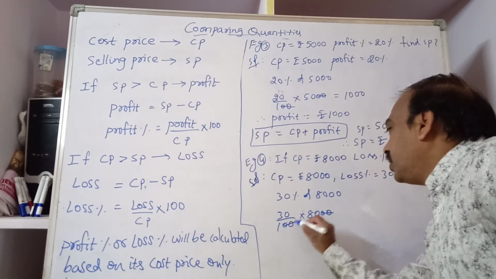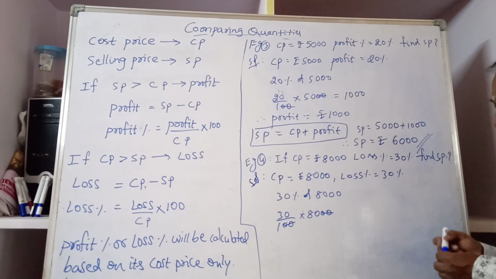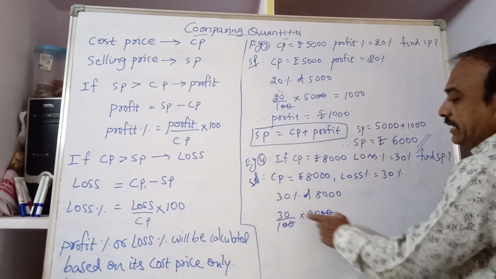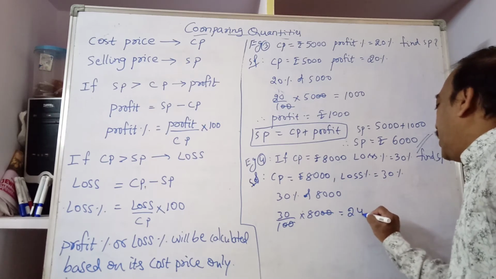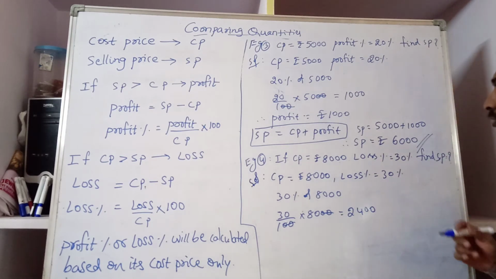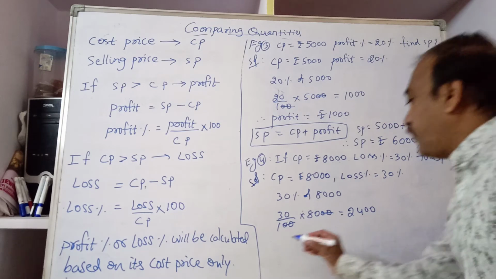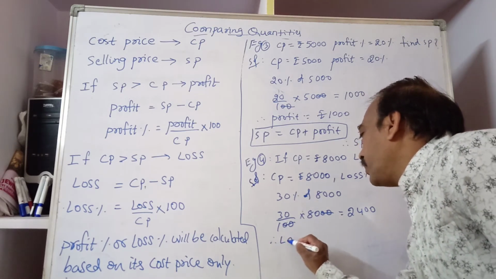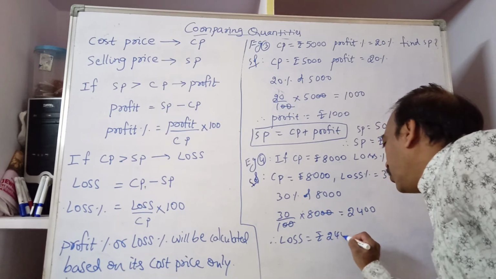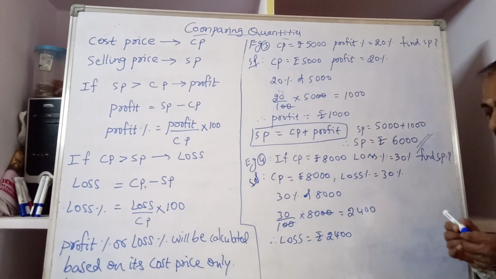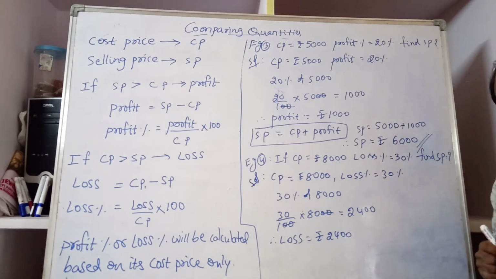Two zeros cancel. Now you see 30 into 80. 3 8s are 24, which you can write directly, 2,400. So therefore loss is equal to rupees 2,400.